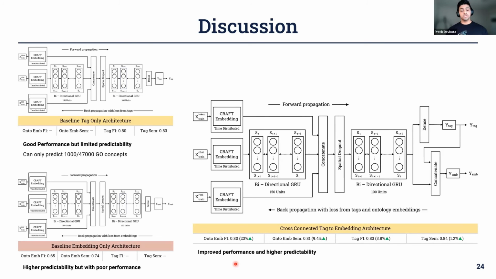With cross-connection architecture, the model can predict the concepts within the corpus with much more confidence, while also showing significant improvement in the performance in terms of ontology embedding prediction. We can observe from the result here that we saw 23% improvement in ontology embedding F1 score and 9.4% improvement in ontology embedding semantic similarity score, while we also saw improvements in tag F1 and tag semantic similarity scores.